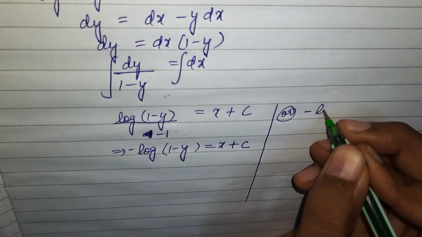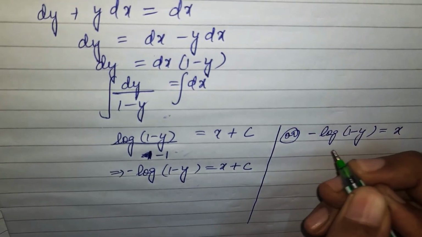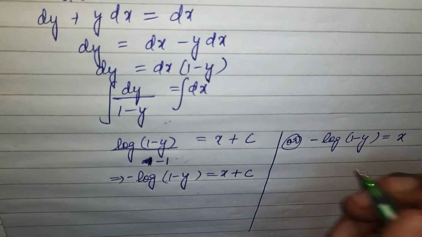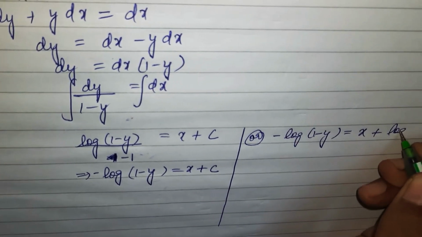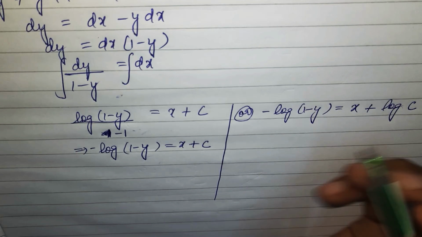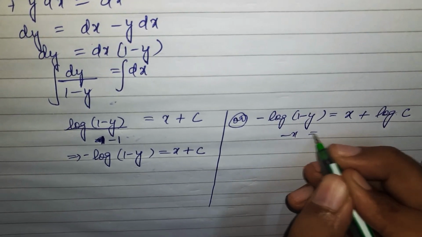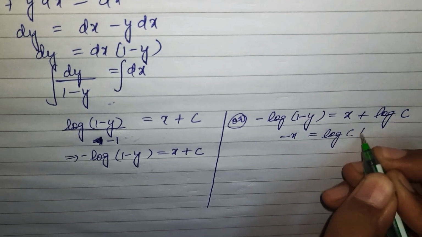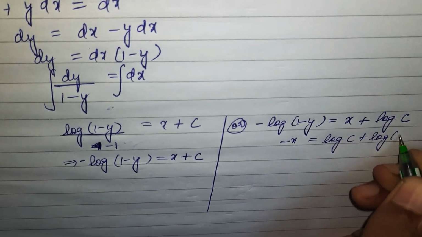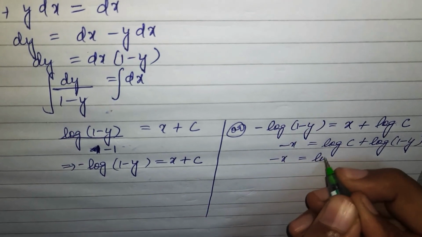Whenever I am writing log of 1 minus y, if I am getting something related to log, I can write the constant term as log c also. After doing this, if I take this term here, I am getting minus x equals log c, because I want to apply the log property. So log m plus log n will become log mn.